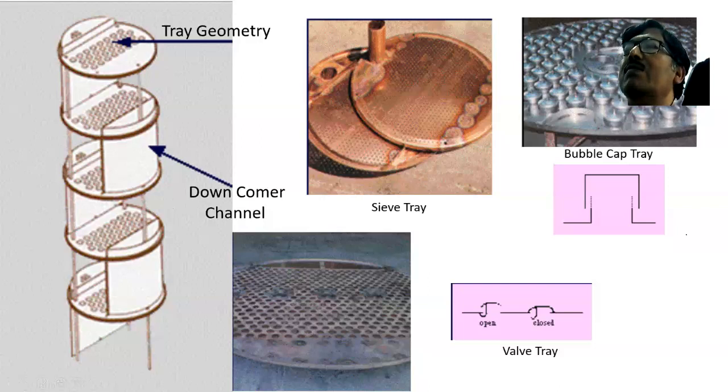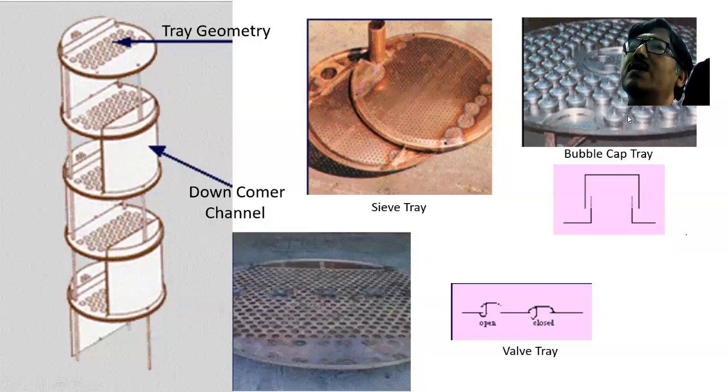Bubble cap, I mean to say, efficiency wise, flexibility wise, is the best out of these three. But the main disadvantage of this bubble cap tray is that it is very, very costly and not easy to manufacture.